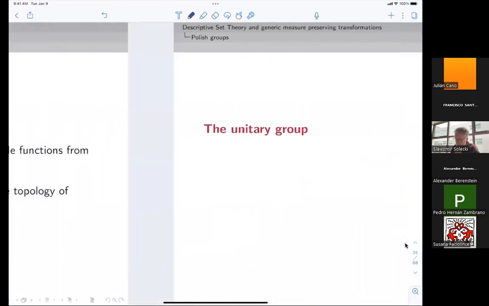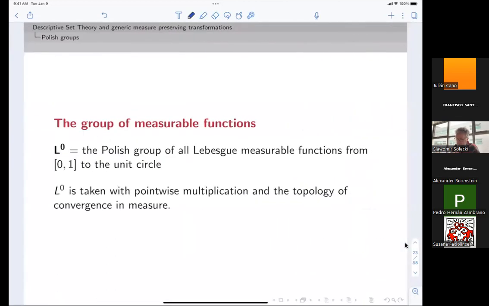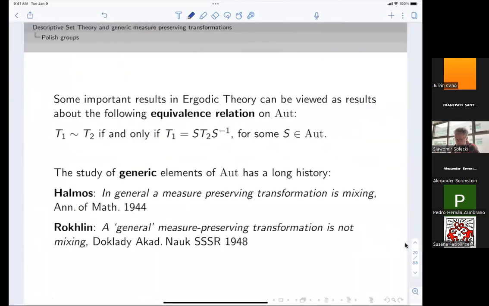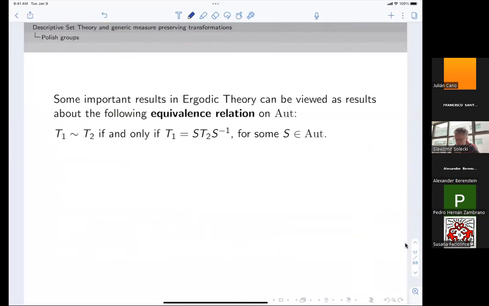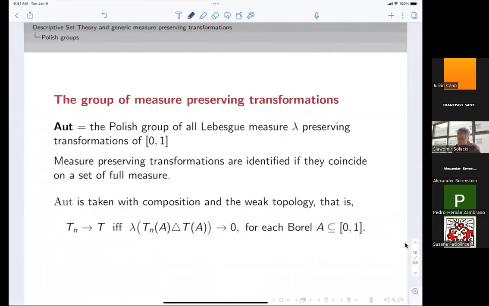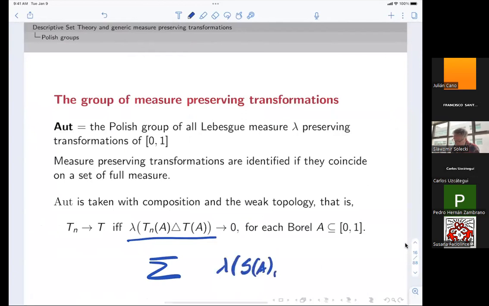Okay, it's always in L0, you just write it out, but it's probably easiest to look here because I already have the formula. To measure the distance between S and T, you would look at S of A symmetric difference T of A. You would not want to take the sum over all Borel sets.